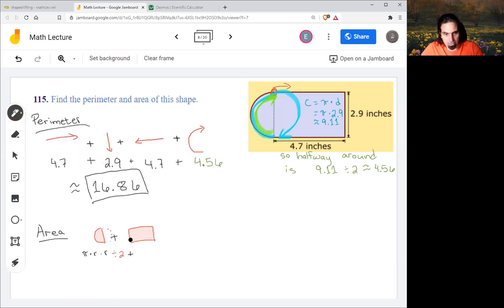And then the area for the rectangle is length times width.